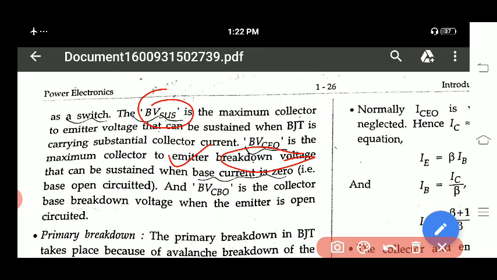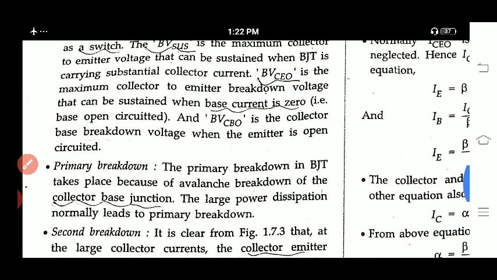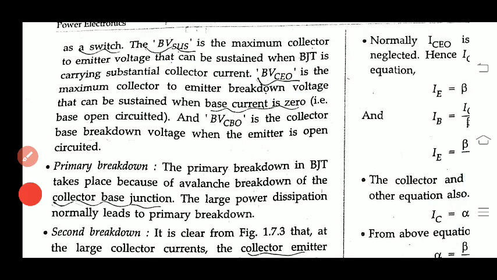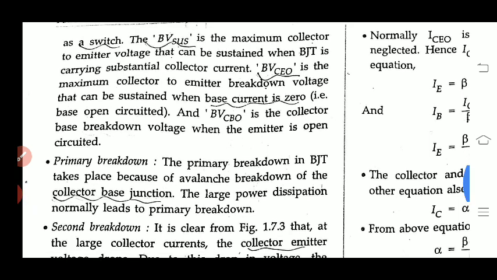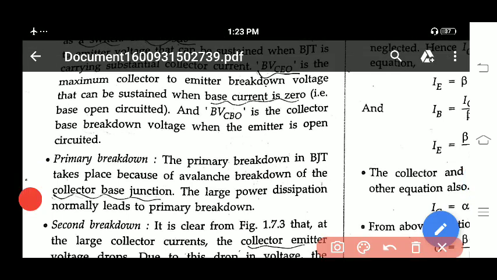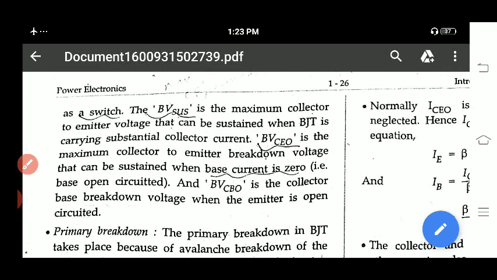Next, BVCBO is the collector to base breakdown voltage when the emitter is open circuited. How much breakdown voltage will it maintain? That is represented by this. All these are nothing but breakdown voltages only. This is a collector to emitter breakdown, and this is a collector to base breakdown voltage, and this is the sustainable voltage.